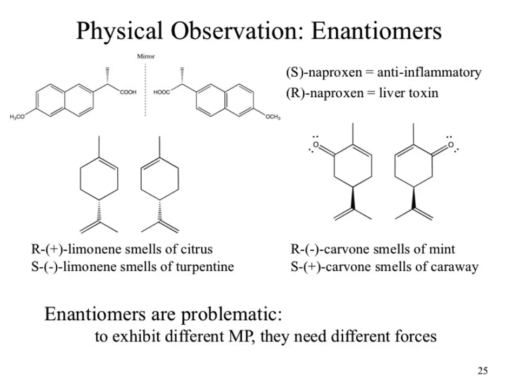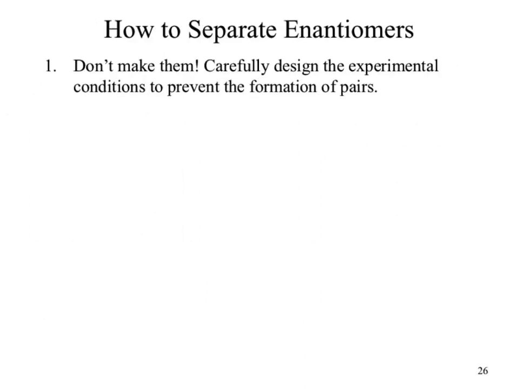Okay, so how can we go through and do this? Well, rule number 1, don't make them. So when we go through and design our experiment, we'll look at our reaction conditions to make sure that we don't make pairs of enantiomers. That is not a super easy thing to do, but death versus life is kind of an important thing to do.